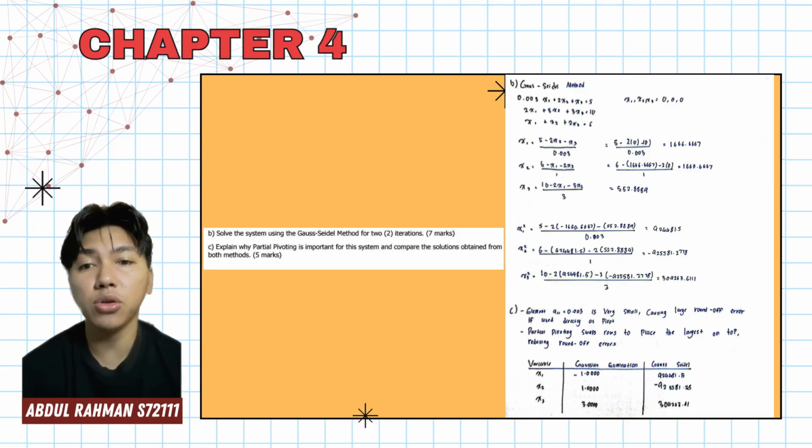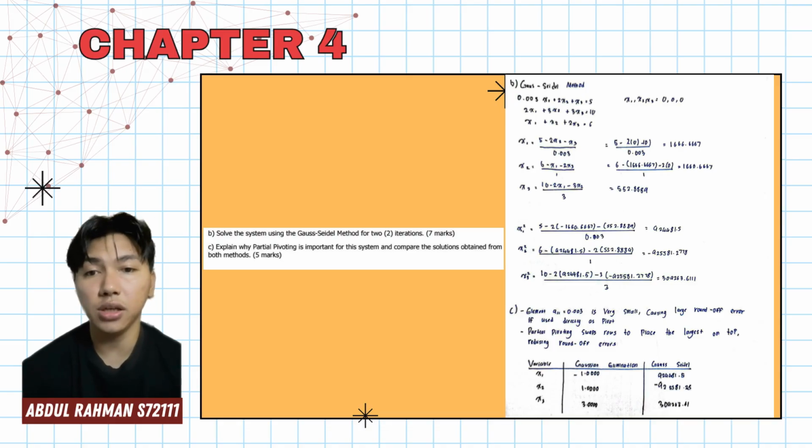By swapping rows to place the larger coefficient as the pivot, we reduce the computational error and improve accuracy. In comparison, Gaussian elimination with partial pivoting gives a stable and accurate solution of -1, 1, and 3. The Gauss-Seidel method failed to converge within two iterations due to instability and poor conditioning of the system.